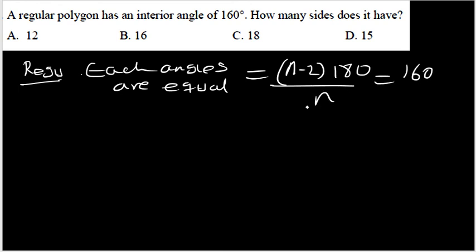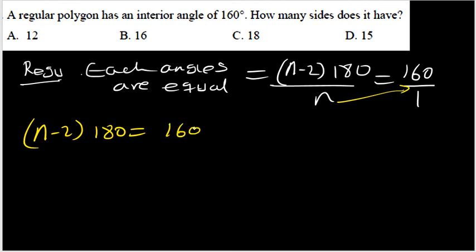Each interior angle 160 means n minus 2 times 180, the whole over n is equal to 160. Then we can multiply crisscross. 1 times n minus 2 times 180 will be n minus 2 times 180 is equal to, and n times 160 will be 160n. Then let's remove the bracket here.